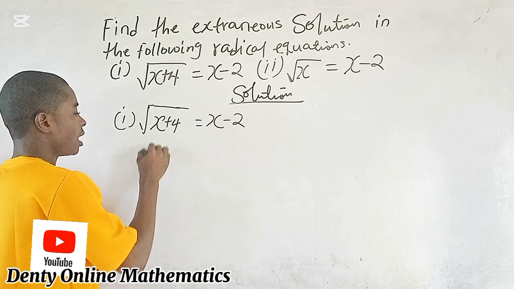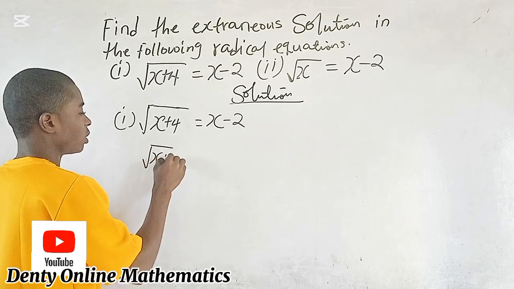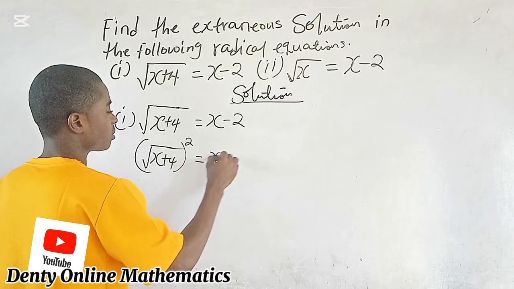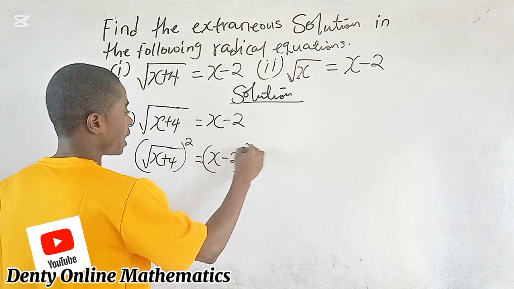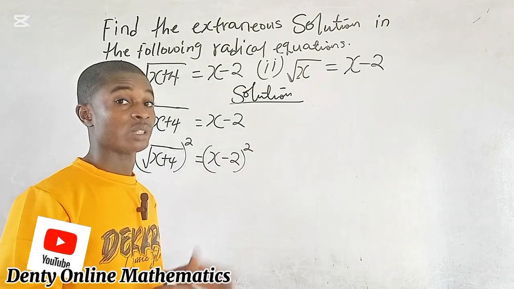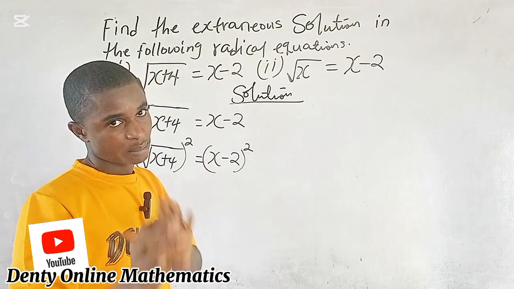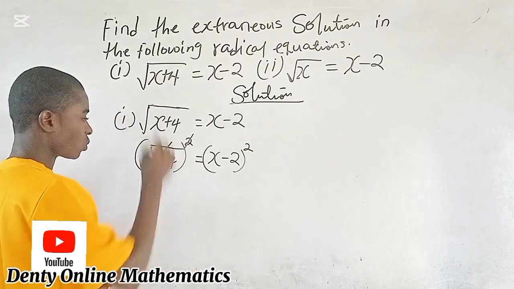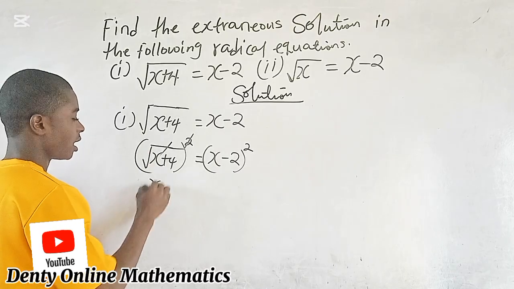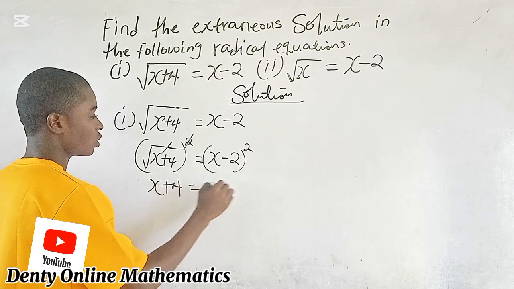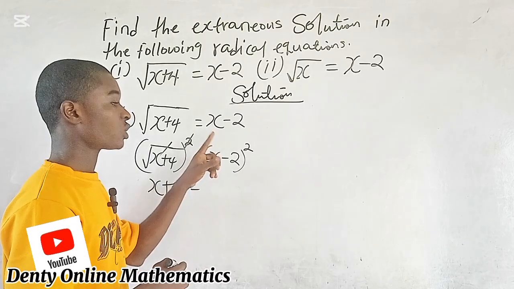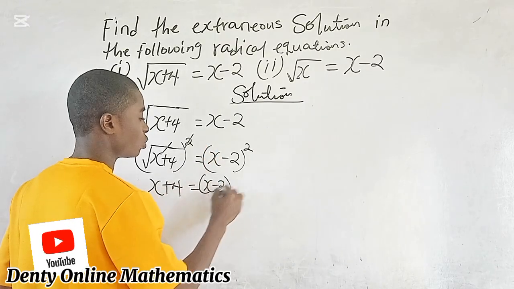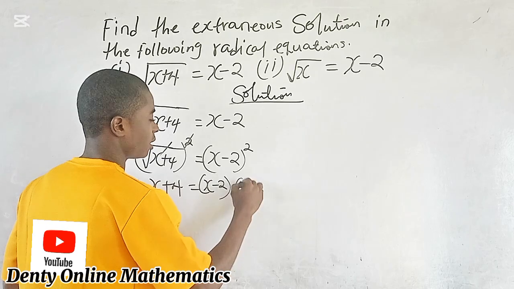I square the root of x plus 4, and I also square x minus 2, because anything you do on the right hand side, you have to do on the left hand side. So the square will cancel the square root. We are left with x plus 4 equal to x minus 2 all squared, which is x minus 2 times x minus 2.